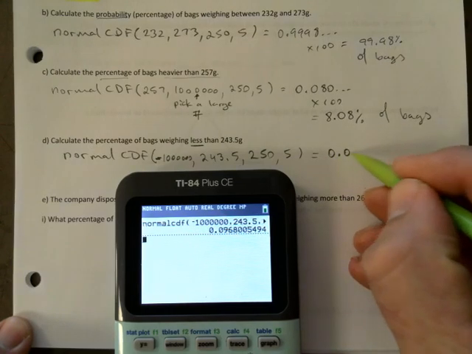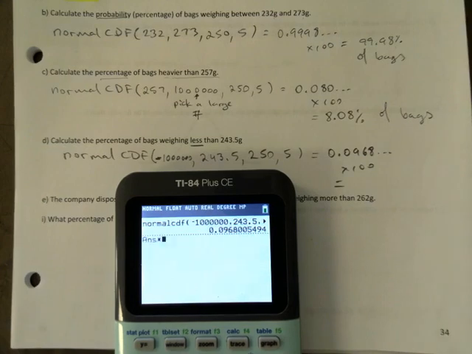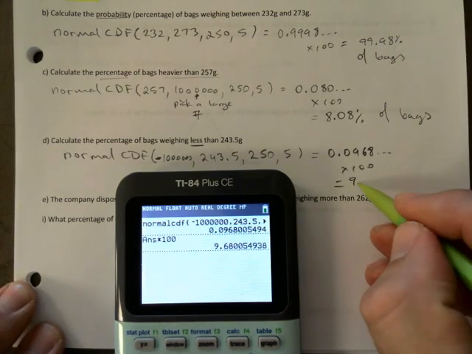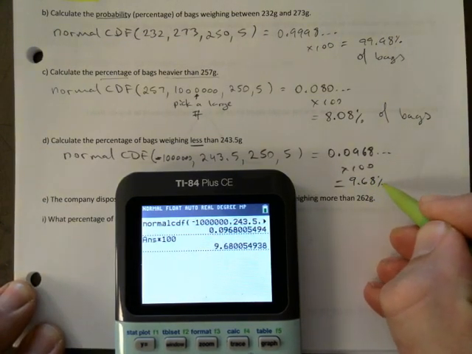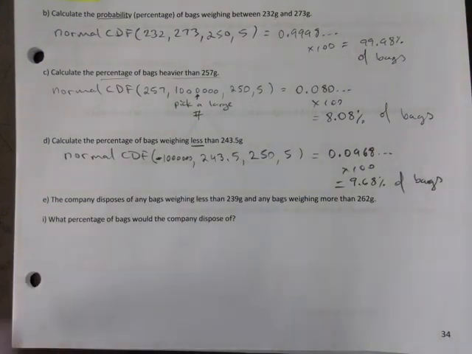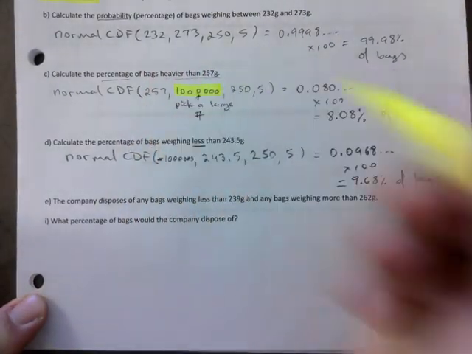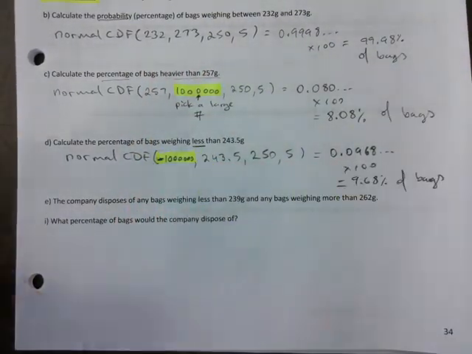So you get 0.0968 and something, you multiply that by 100, that's 9.68% of bags are expected to weigh less than that. So maybe I should highlight, this is the heavier part, this is the weigh less part, okay?